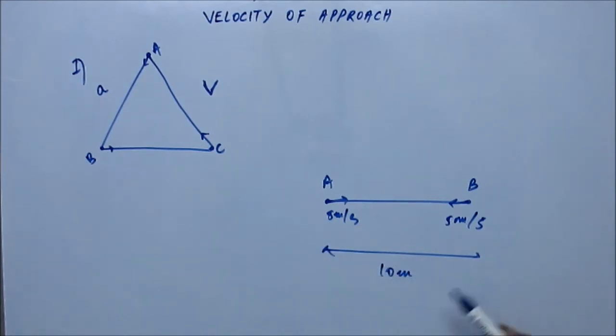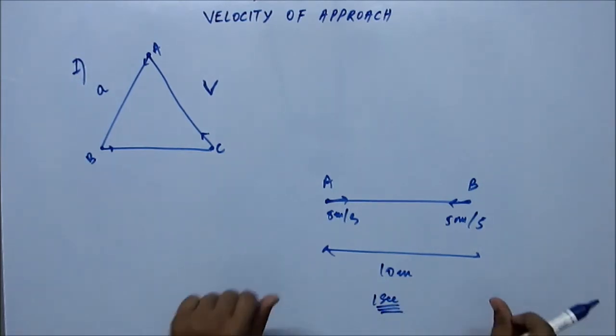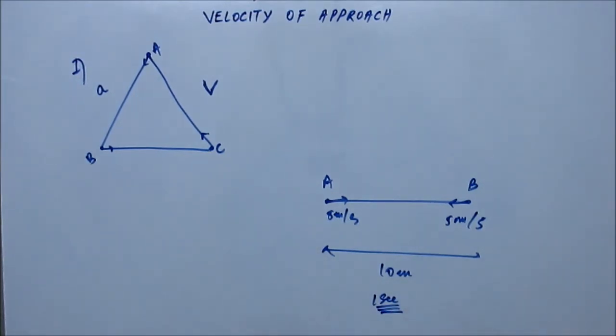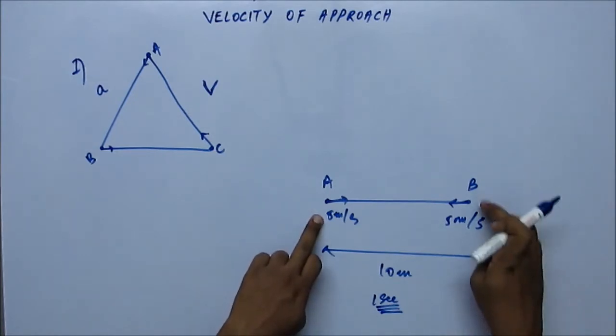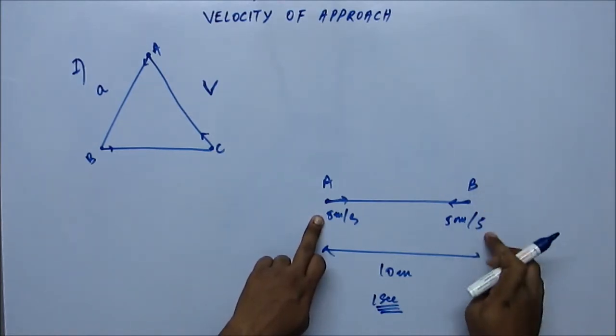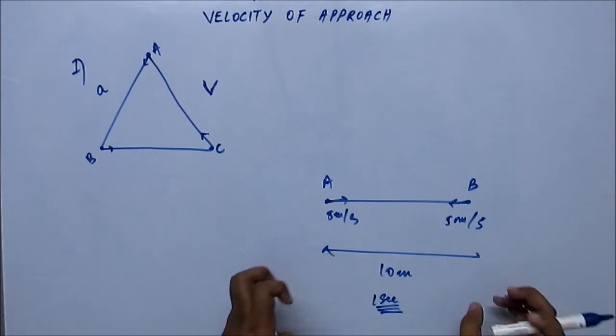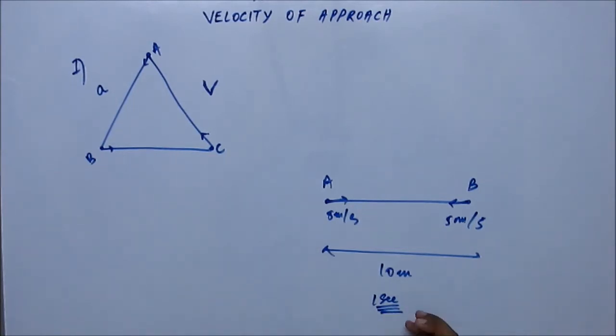How much time will it take for A and B to come together? 1 second, right? Because the velocity of approach is 10 meters per second. A is approaching B with 5 meters per second and B is approaching A with 5 meters per second, so they are going to cover the distance of 10 meters in 1 second.